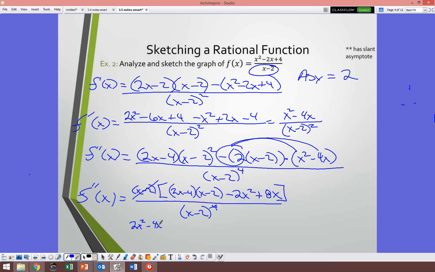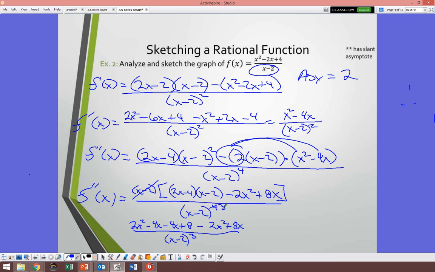Then there's 2x minus 2x, minus 4x. And then it's going to be plus 8. Minus 2x squared plus 8x. Keep my denominator. Everything cancels but the 8.